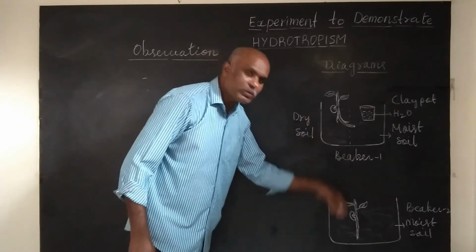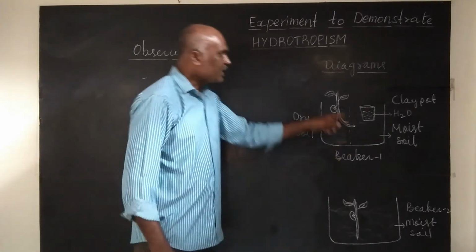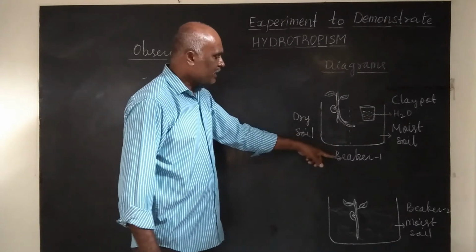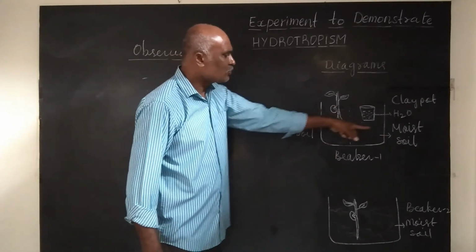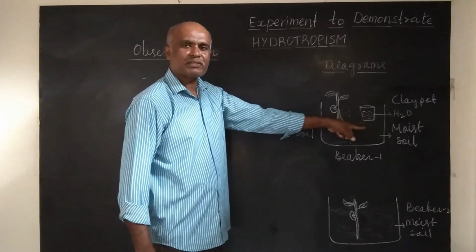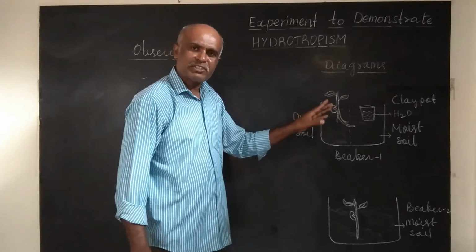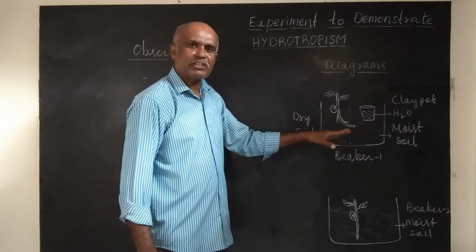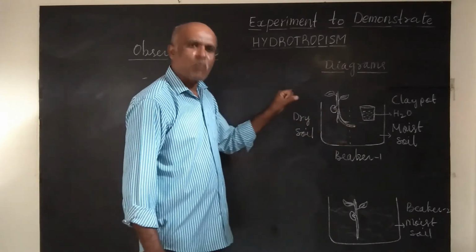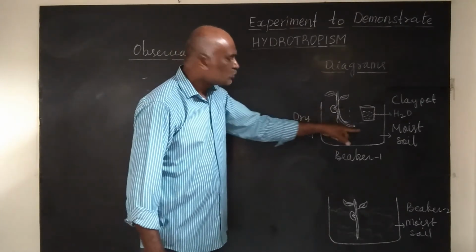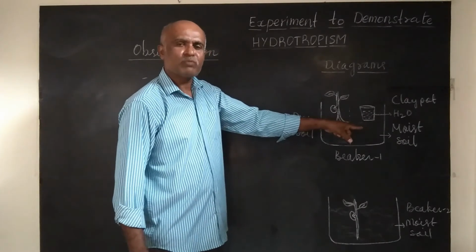And in beaker 1, roots bend towards moist soil. For the growth of plants, moisture, water, is required. So to absorb water, roots grow towards the source of water.